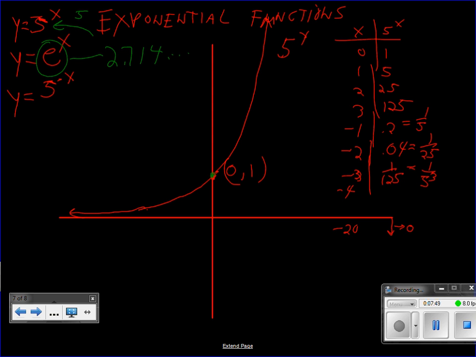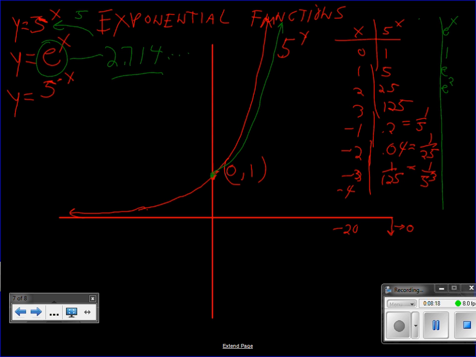This is going to be e, this is e squared, which is less than 9. You know, e is 2.714. It's just a number. So it's going to be less than that, but still go up fast.